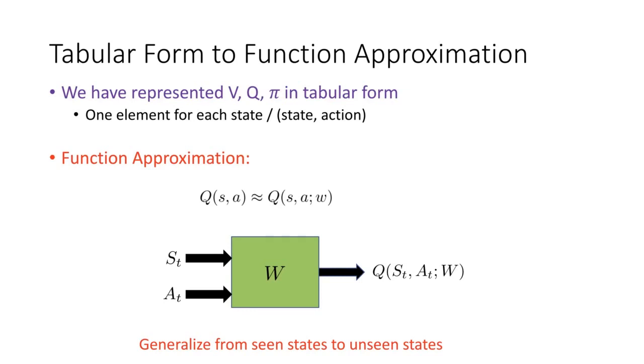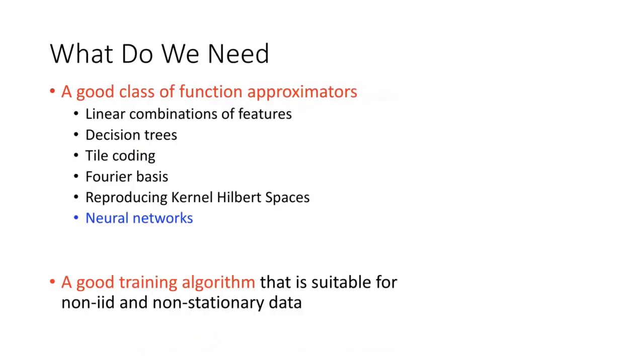So even though the agent hasn't visited those states before, this function approximation is giving an estimate about the value or the policy corresponding to that state. This is nothing specific about reinforcement learning. This is true for general neural networks or any kind of function approximation.